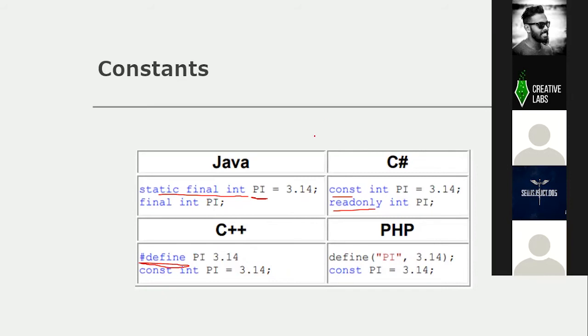But for PHP, it is something like this, define. You can see some similarities between C++ and PHP: the same keyword define, then the name and the value, and you can also use something like this. That's how we basically treat constants in these languages.